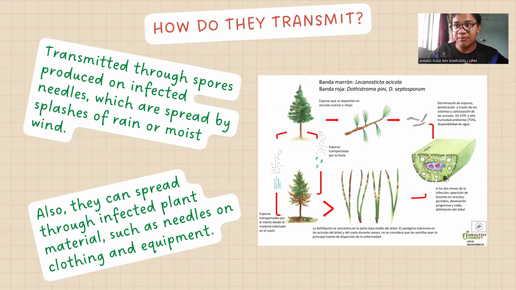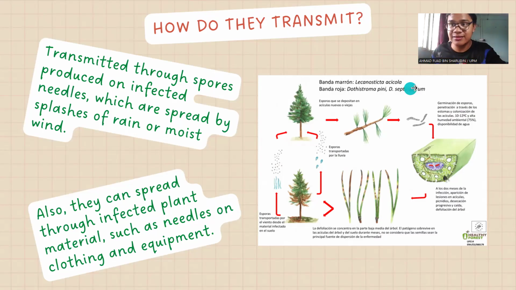I will show you a close-up of the needles later on. These spores are spread in three ways: through splashes of rain, moist wind, or infected needles that are stuck to equipment or clothing.